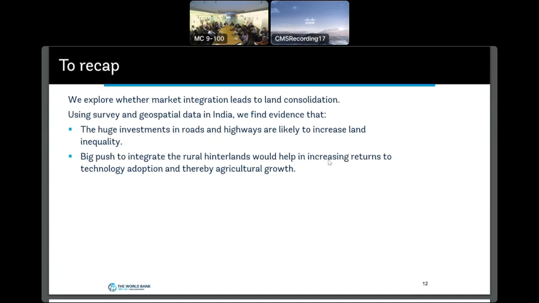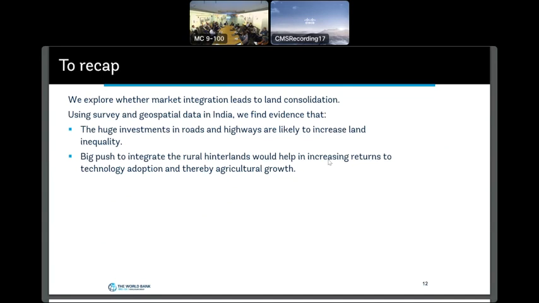So I know that most people think that high inequality means somehow lower welfare, right? I don't think that is the right conclusion to take from here, for two reasons. One is that we do see a productivity effect.